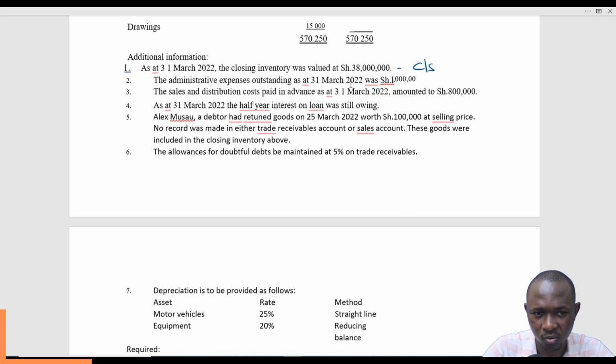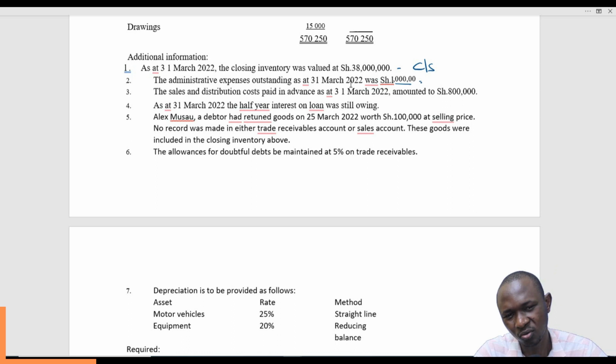Administrative expenses outstanding 1 million. These administrative expenses are supposed to have an effect on both the P&L expense, and also, since it's outstanding, it will have an effect on the statement of financial position as a current liability. So we'll get to that.